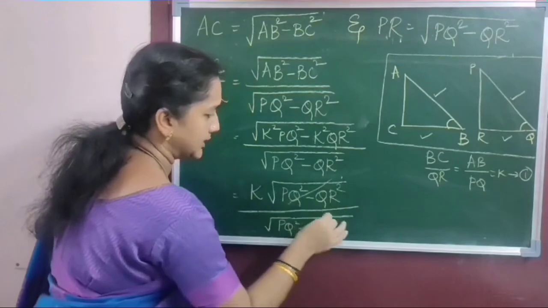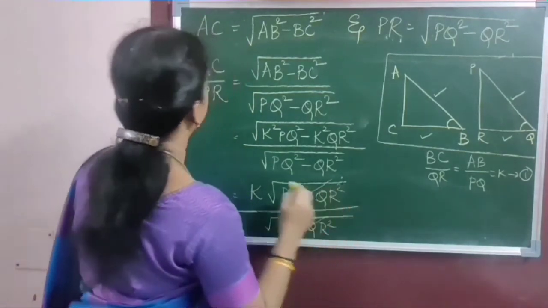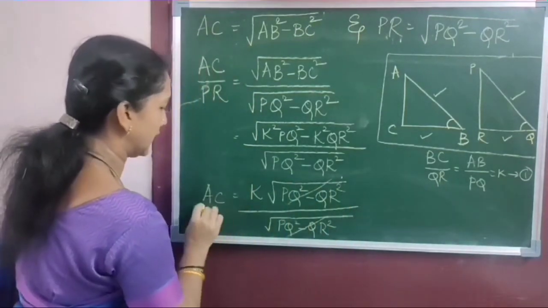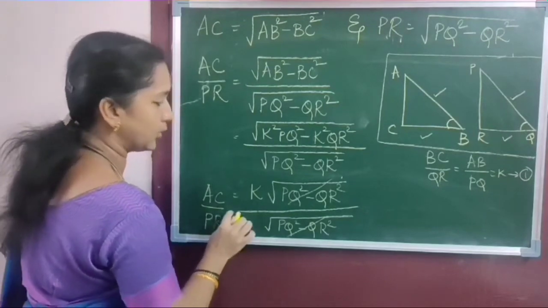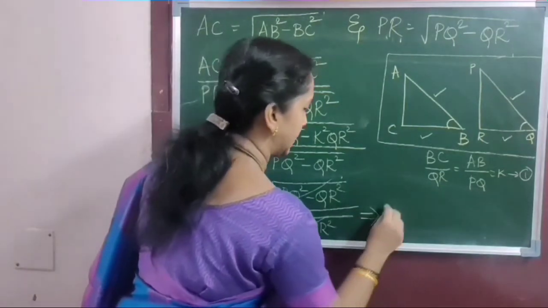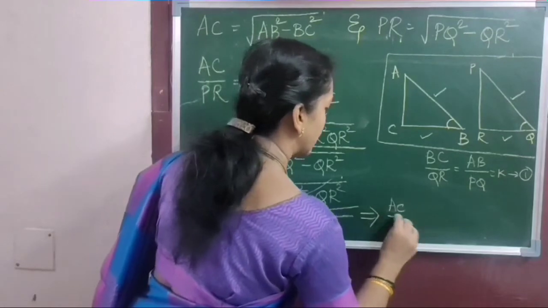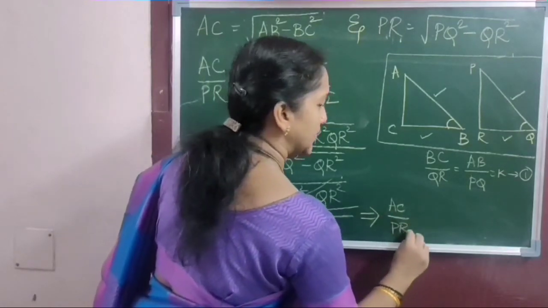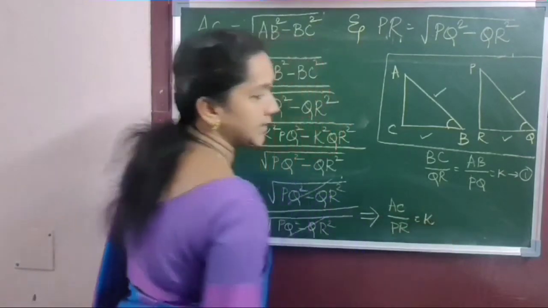When you cancel this, you will get AC by PR is also equal to some constant K.